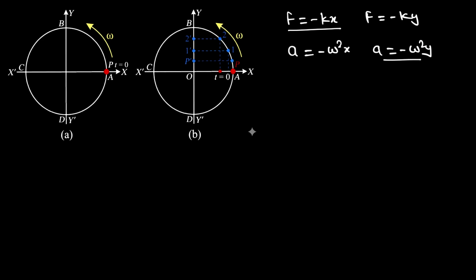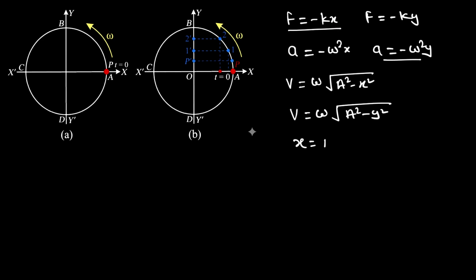Then I can write v is equal to omega under root A square minus x square, or v is equal to omega under root A square minus y square, and x is equal to A sine omega t plus phi, or y is equal to A sine omega t plus phi.